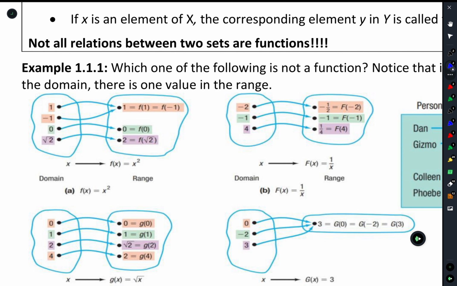Okay, now in order to determine if each of these is a function or not, the basic rule that I have to make sure that it does not violate is that no number in the domain gets sent to two different values in the range. So what would that look like?